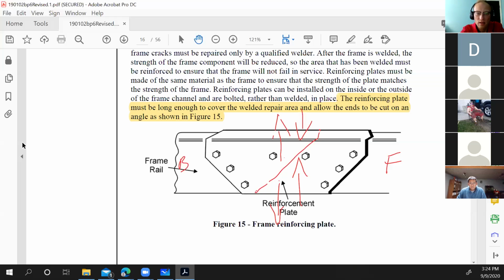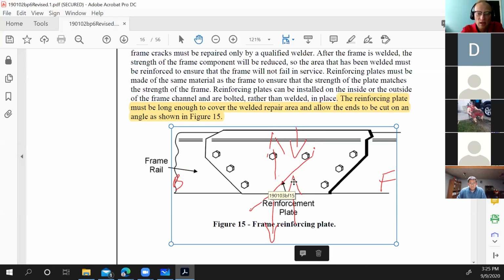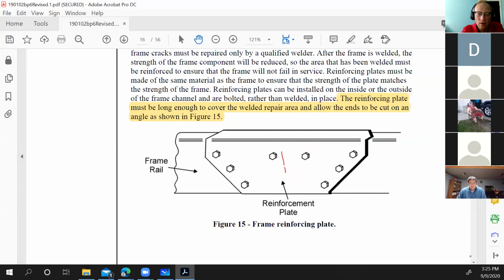If you had this crack, if it was, instead of looking like that, it was straight up and down, and you attached them, butted them together and welded them up, and then put this flush plate or reinforcement plate over it, as soon as it hit a bump, it would break here. This is where it's going to break.